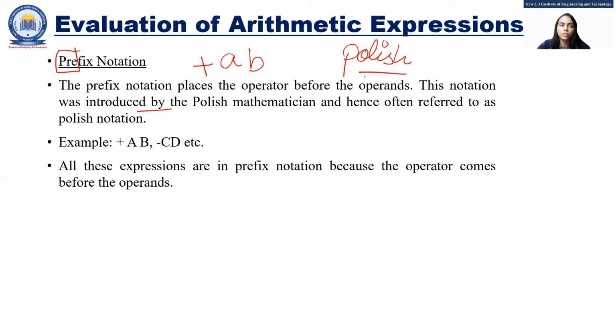The notations we are studying, that is infix, prefix, postfix, are related to Polish notation and reverse Polish notation. Can you see here that the plus operator is before A B and minus is before C D. So it is a prefix notation. Operators come before the operands.